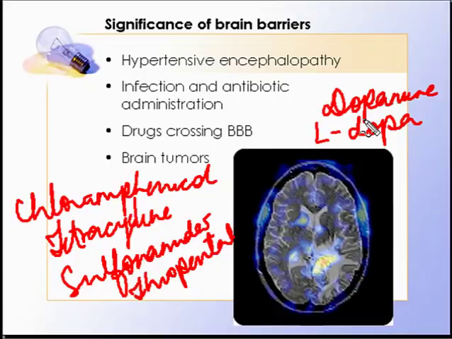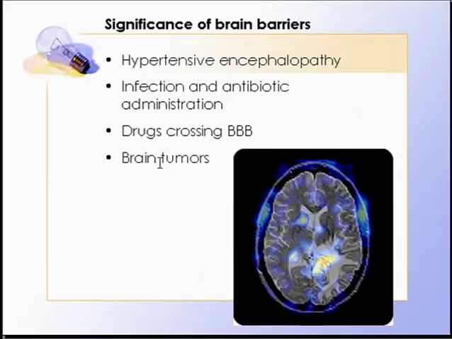Now, brain tumors frequently possess blood vessels which have no blood-brain barrier. We use this because when we give radioactive tracers, which normally are too large to penetrate healthy capillaries, in brain tumors they can penetrate those capillaries and you can detect these tumors.